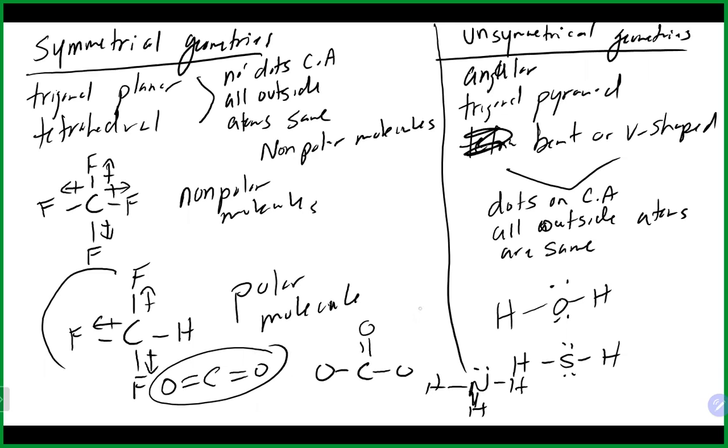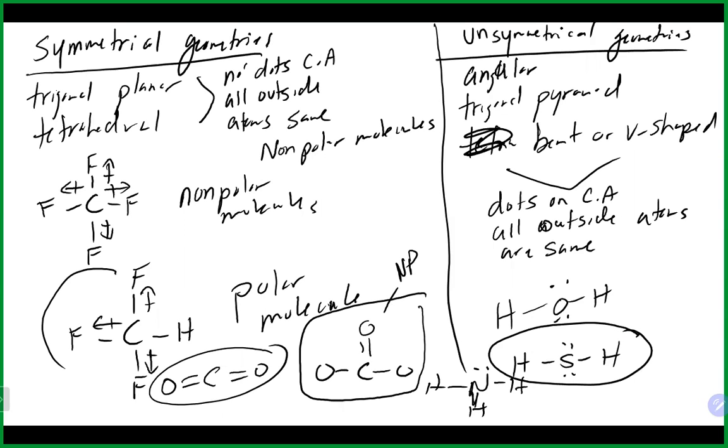So let's go to this one, which is carbonate, not fully drawn with all the electrons. When I look at the central atom, there are no dots, right? Everybody on the outside is the same, which means this should be polar or non-polar. Non-polar, yeah. Here is this one. I see dots on the central atom. Everybody on the outside is the same. This is NH3.